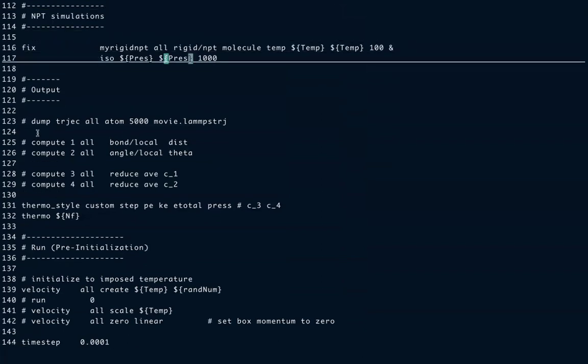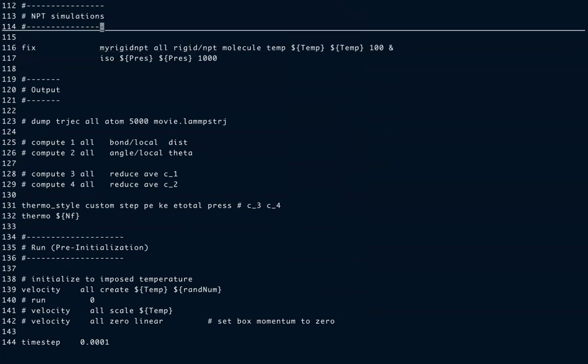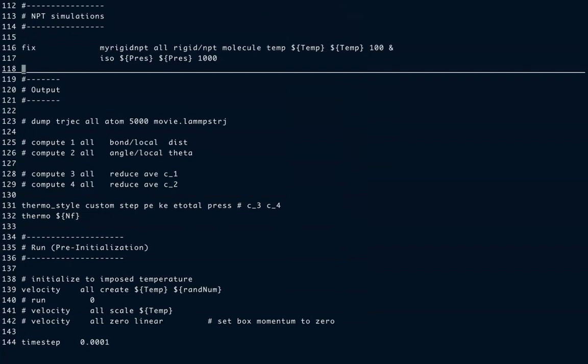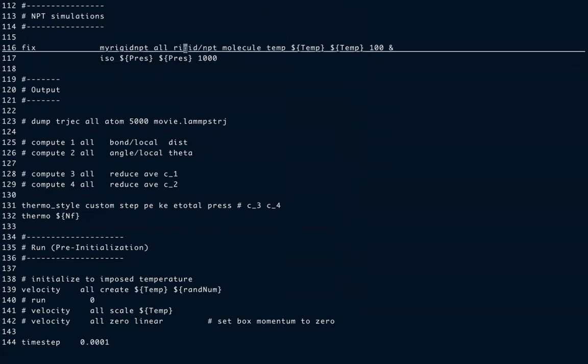So fine. Okay, now for finding densities, you need to tell LAMMPS that it has to perform something called an NPT simulation. Typically, you would just say fix, an ID that is defined by me, then all, and then NPT.